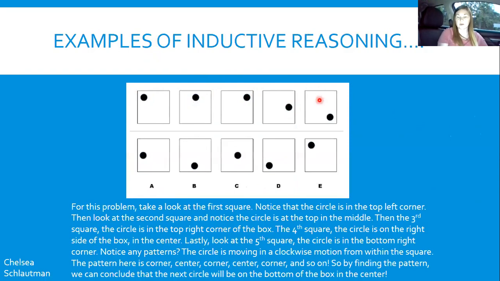And on the fifth square, it is in the bottom right-hand corner. If you notice that pattern, it's moving in a clockwise motion around the square. So you're going corner, center, and so on. With this, in finding the pattern, you can conclude that the next circle will be on the bottom of the box in the center. So the answer would be B.